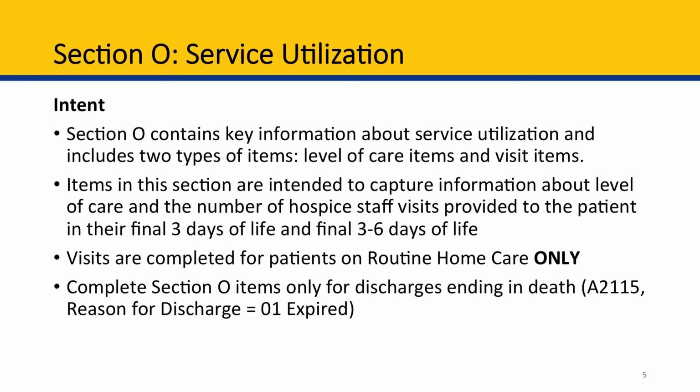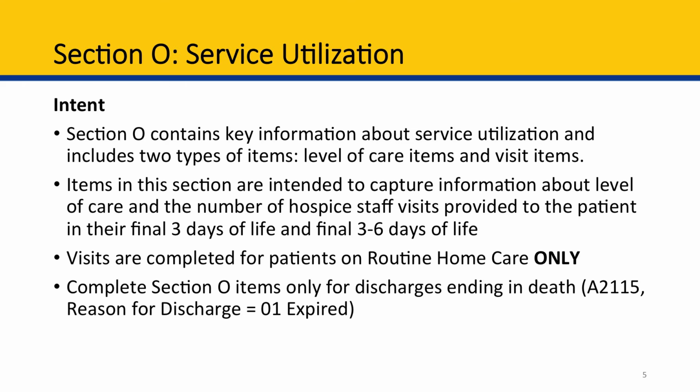Section O contains key information about service utilization and includes 2 types of items, level of care items and visit items. Items in this section are intended to capture information about level of care, routine home care, continuous home care, general inpatient care and respite care, and the number of hospice staff visits provided to the patient in their final 3 days of life and final 3 to 6 days of life.